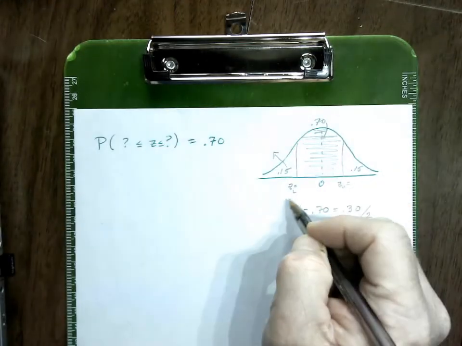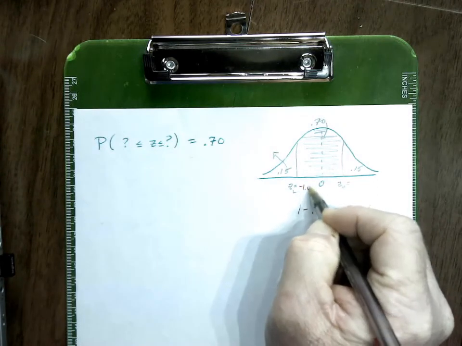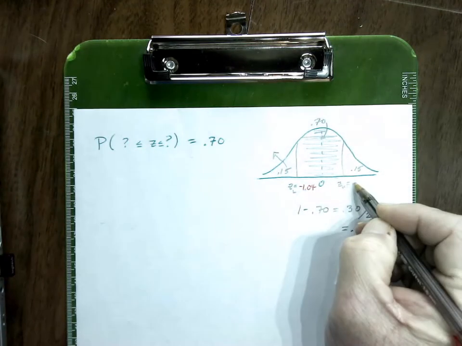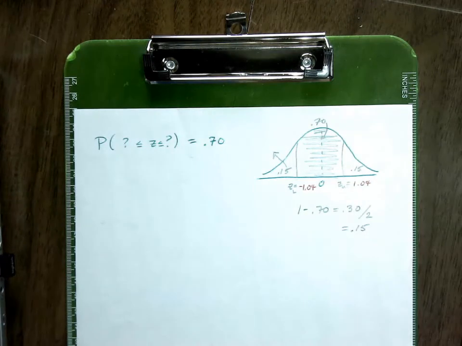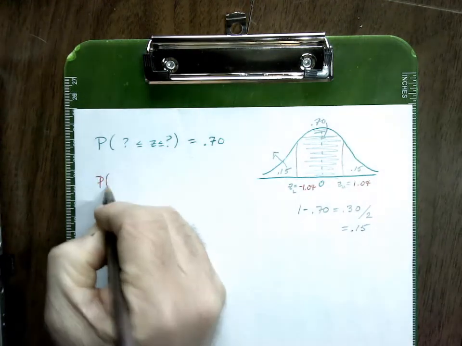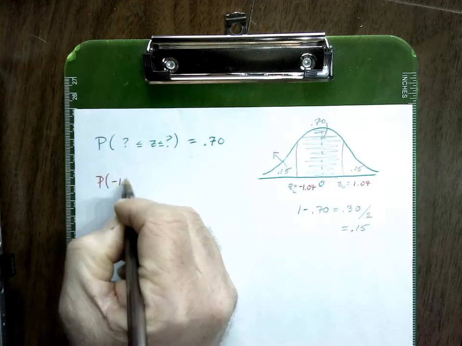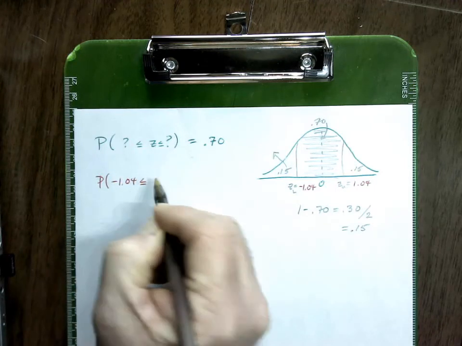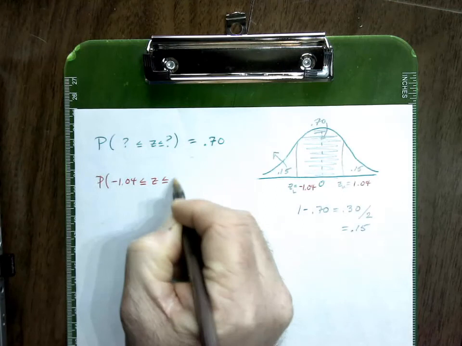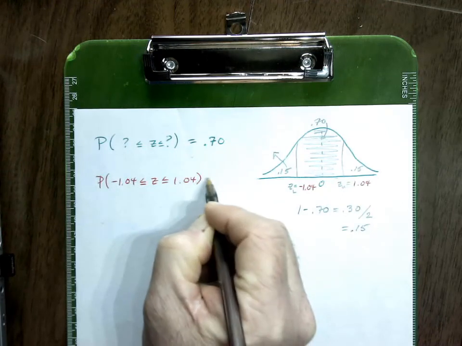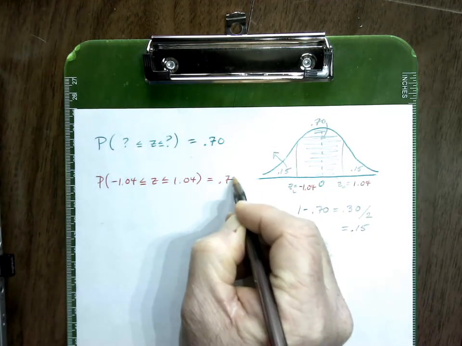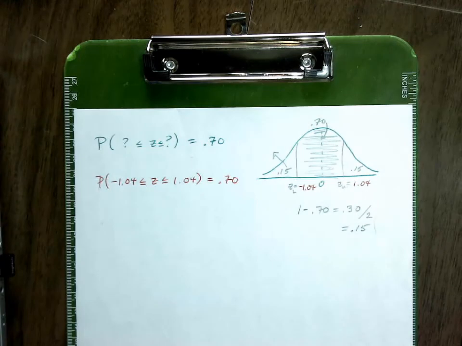So this one is negative 1.04, which will make this one positive 1.04. So I know the probability that we go 1.04 standard deviations below the mean and 1.04 standard deviations above the mean, and we will have captured 70% in the middle.